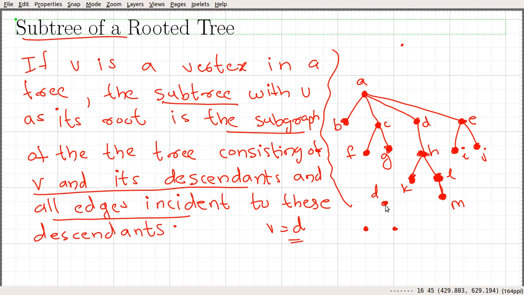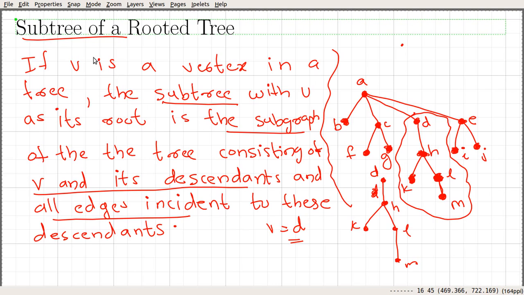It will contain D, H, K, L and M and all the edges incident on these vertices. Here what we did is we took this portion of this tree.